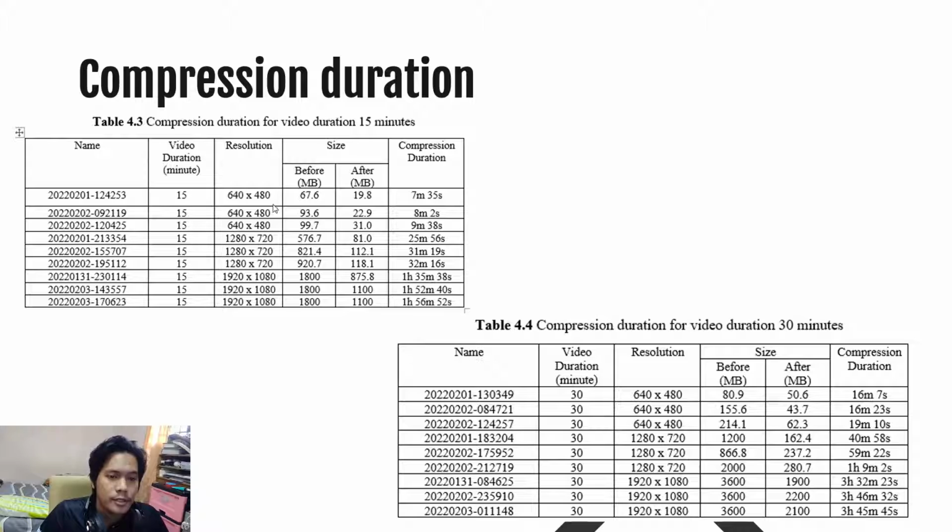On 480p resolution the compression duration is really fast, but as the resolution becomes bigger, it takes a lot of time to compress the video file, even though the video duration is only 50 minutes. And same goes to the 30 minutes video duration: the bigger the resolution, the longer the time taken for the compression to finish.